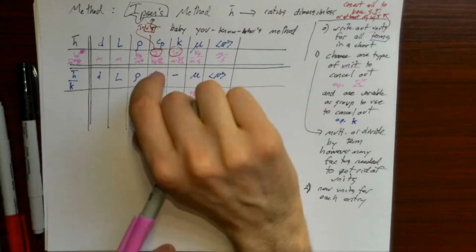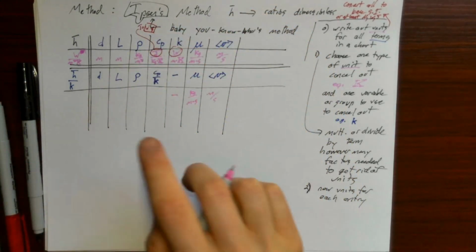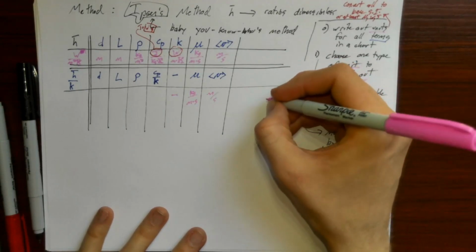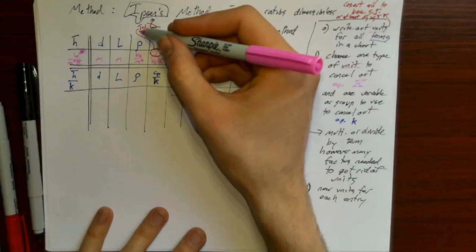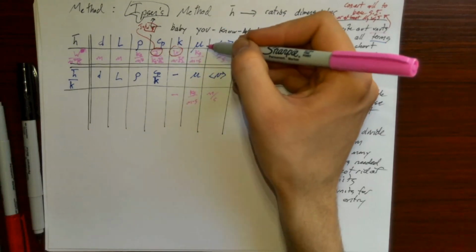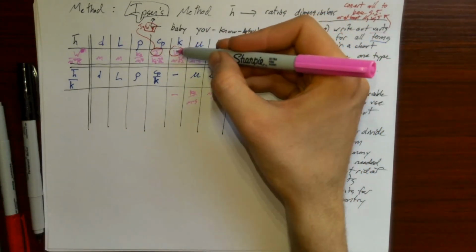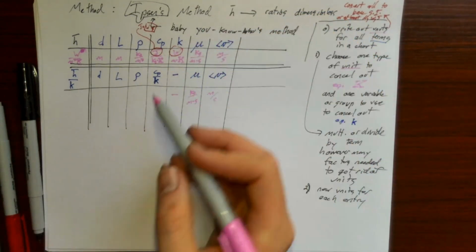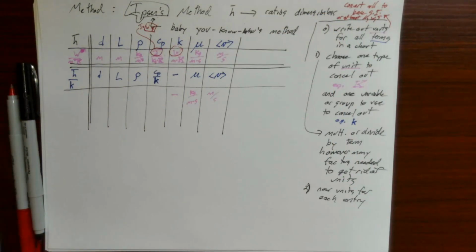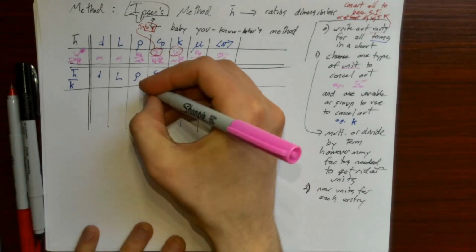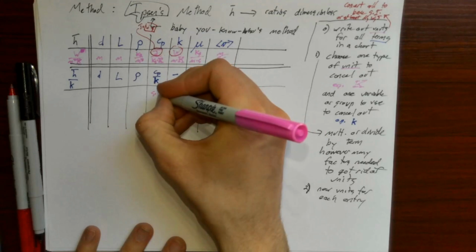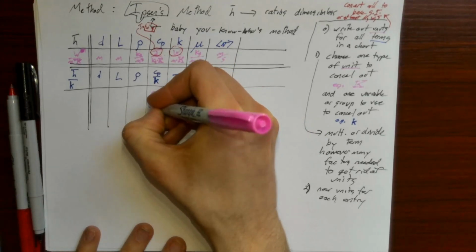Specific heat was a watt second per kilogram Kelvin, and K is watts per meter Kelvin. So if I look at their ratio, the ratio of Cp and K now has units of second meter per kilogram.